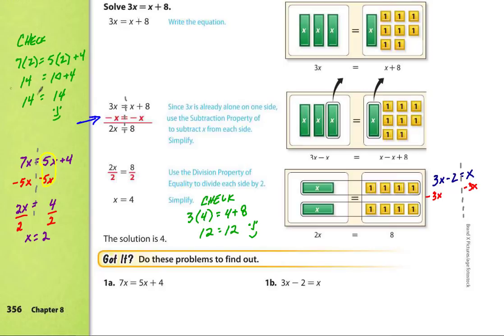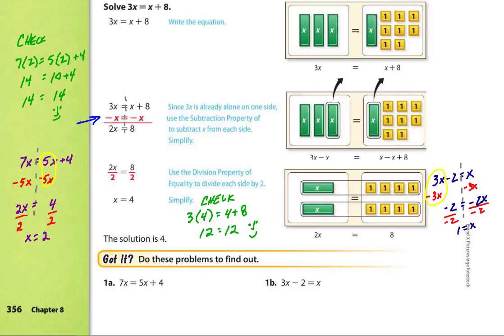And when I do that, this cancels out. My 3x is canceled by my minus 3x. I end up with -2 is equal to x take away 3x is -2x. And then I'm going to divide by the coefficient, which is -2. And I'm going to find out that for this problem, the value of x is 1.